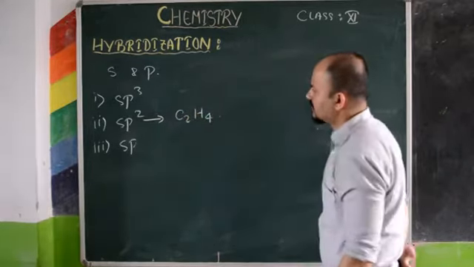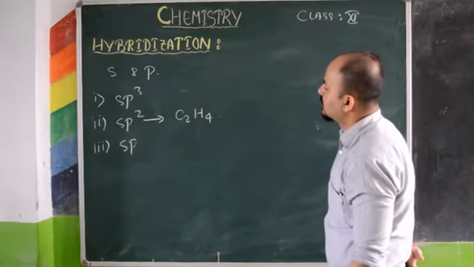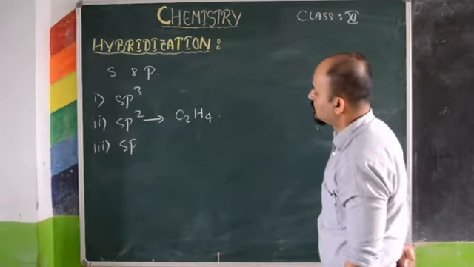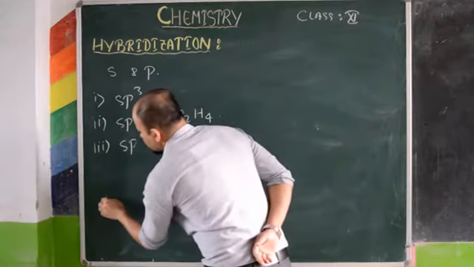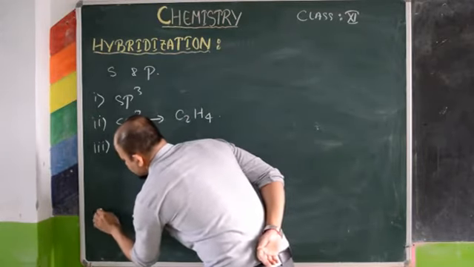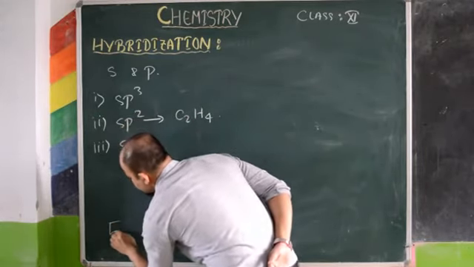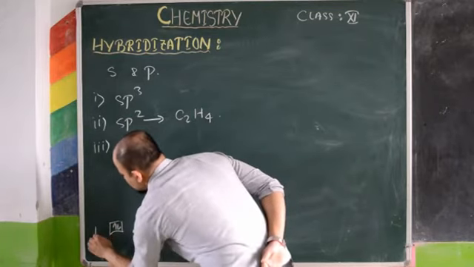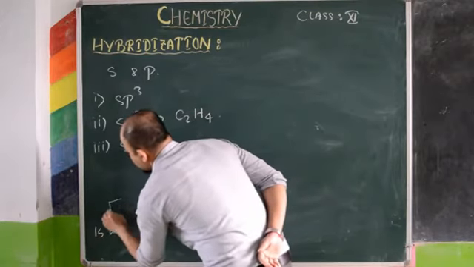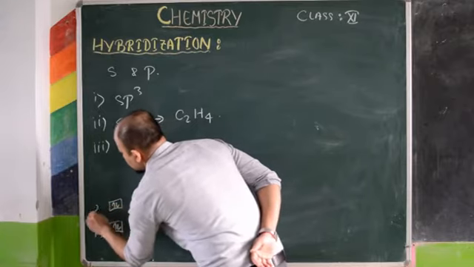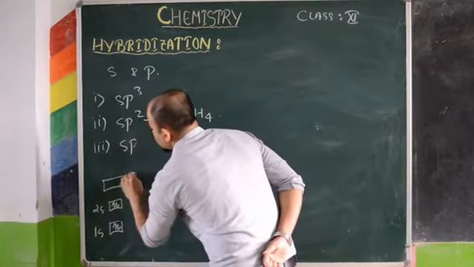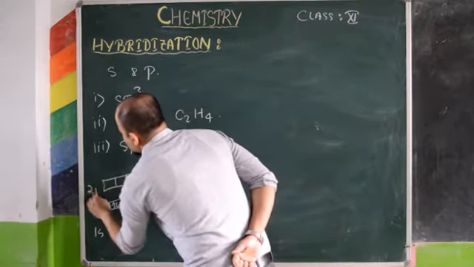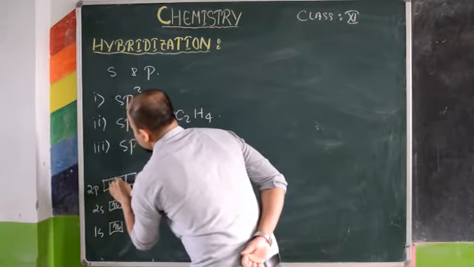This is the example of sp2 hybridization. Now here again, carbon is involved. As carbon is involved, you have this energy level diagram: two electrons in the 1s orbital, then 2s orbital, then 2p orbital, where two unpaired electrons are present.